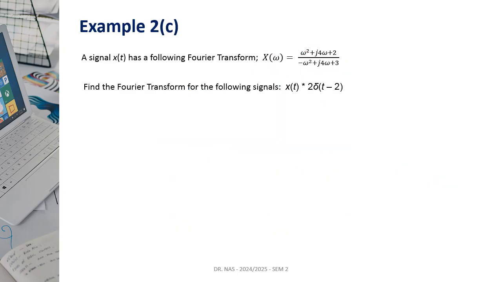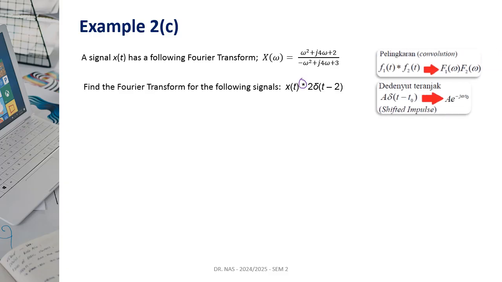Okay, move on to example 2c. Given a new equation, when you have a signal being convolved with a second signal, again you need to refer to the Fourier transform pairs or the Fourier transform table. When you have convolution in the time domain, the Fourier transform is basically the multiplication of the two signals in the frequency domain.